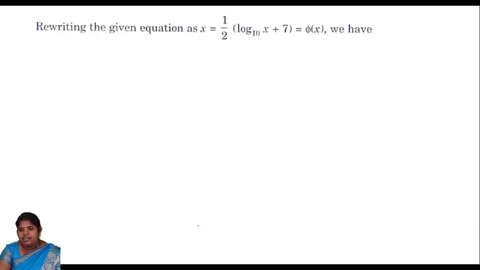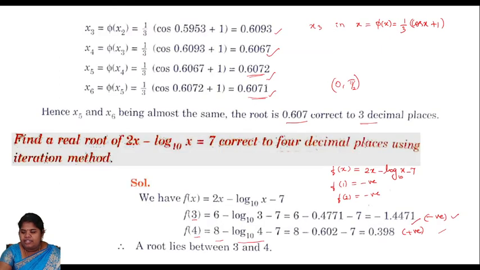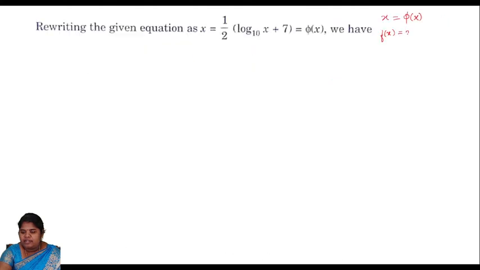Now rewrite the given equation as x is equal to phi of x. So we should write in this format. The given equation is f of x is equal to 2x minus log x to the base 10 minus 7. So we should write in terms of x.